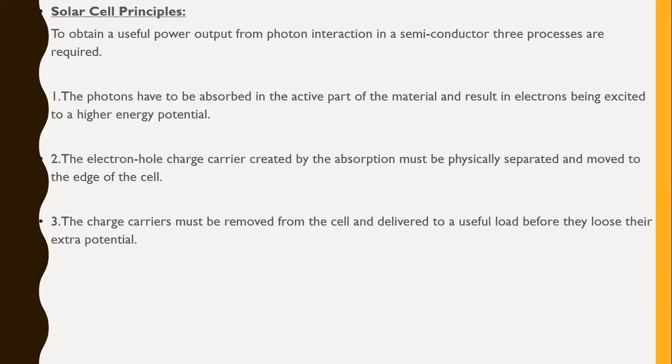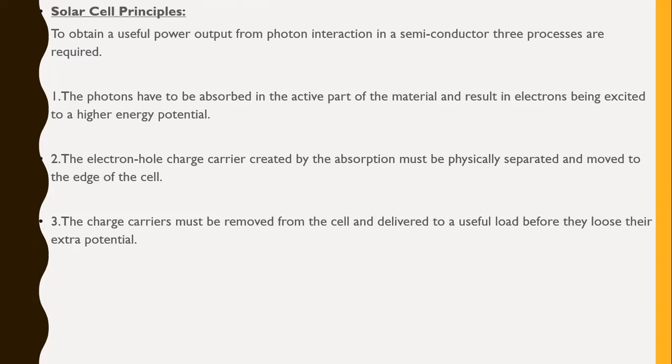Next, we will study solar cell principles. So how this solar cell is developed and what is the principle behind the solar cell, we will deal with now. So a photovoltaic effect can be observed in nature in a variety of materials. But the materials which have shown the best performance in sunlight are called semiconductors.